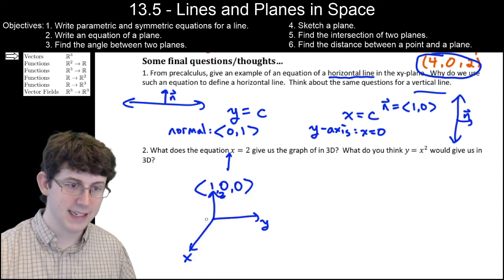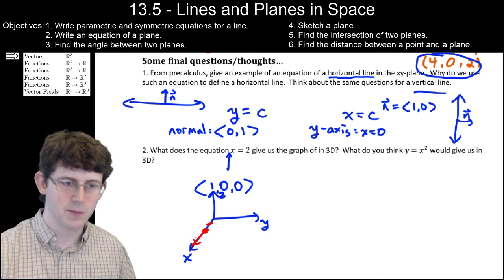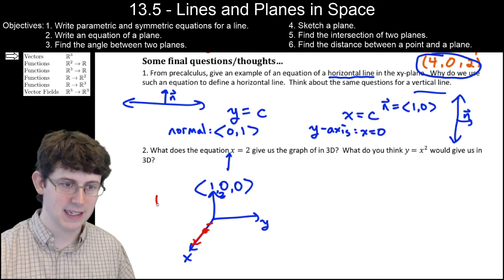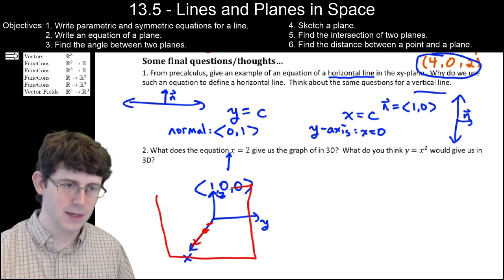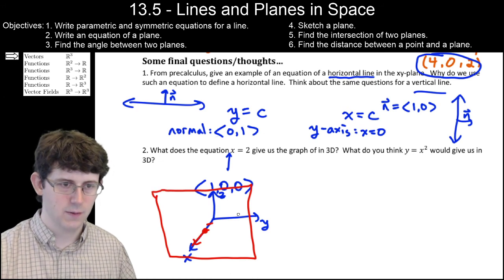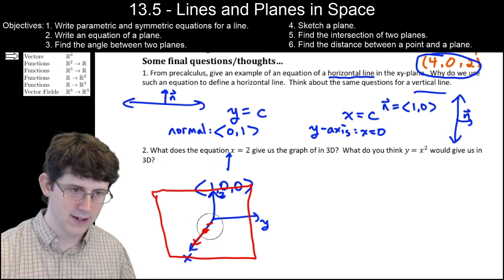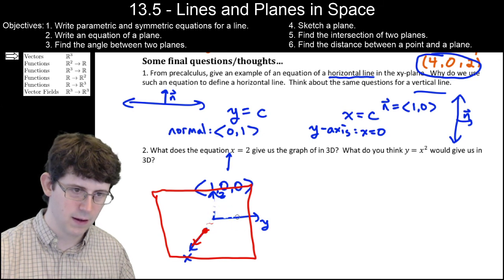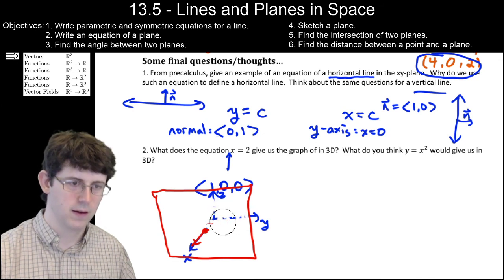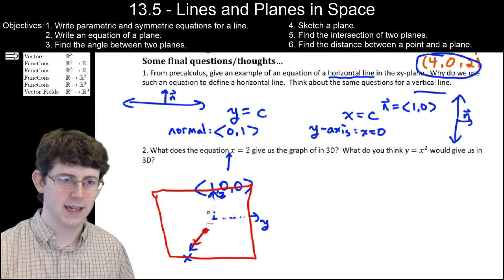I mean, it has x equals 2, so I'll have to come out here. But its normal vector points this way, down the positive x-axis. So I'm going to be this way, where all this stuff is in the background and the x-axis pops out. This is x equals 2.